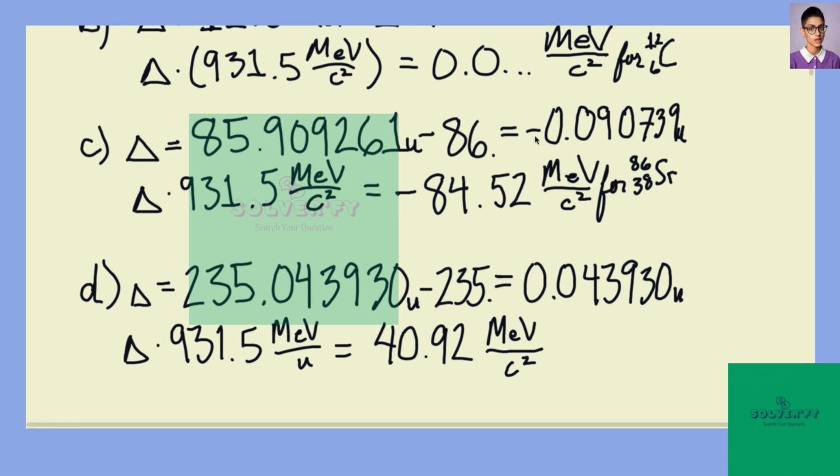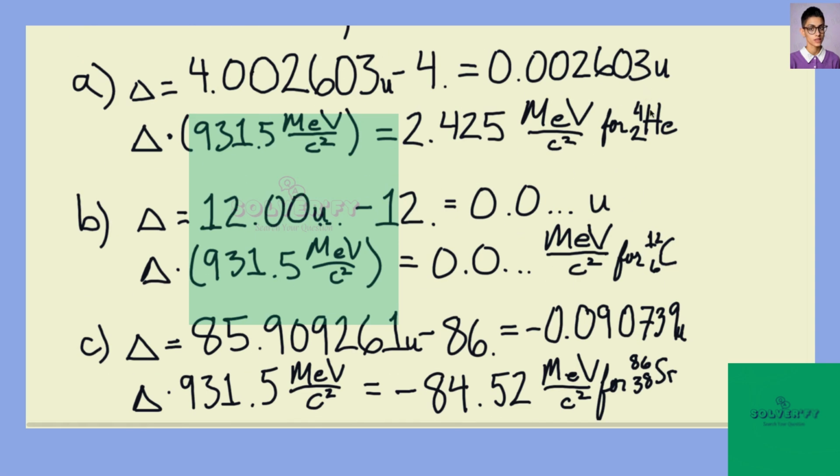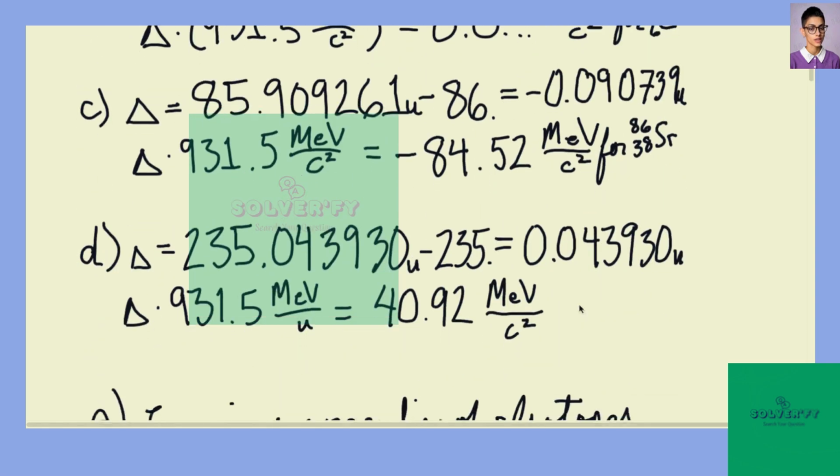We end up with a difference of negative 0.090739 atomic mass units. We multiply this mass excess by our conversion factor, and we get a mass excess of negative 84.52 mega electron volts per square of speed of light. This is a comparatively heavier element than the previous two, helium and carbon-12.